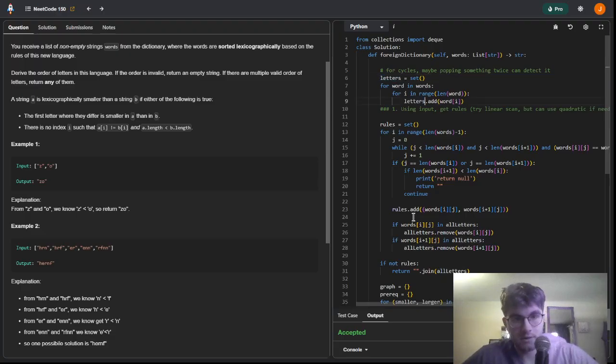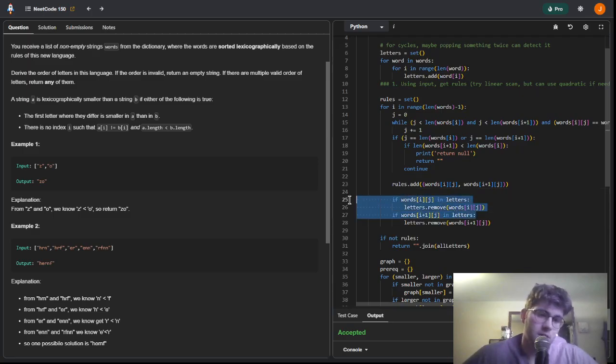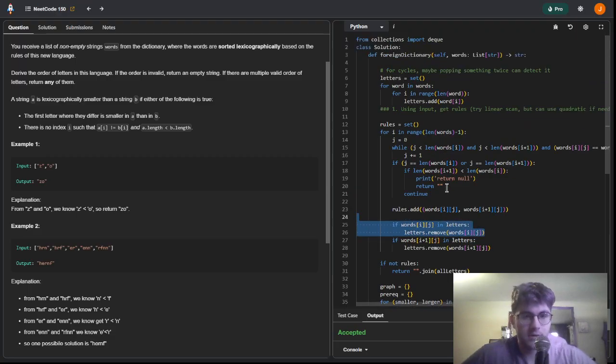I'm just going to change this to letters because... And is there a better way to do it here? I feel like this should be in one line where you just remove it if it's not in there.